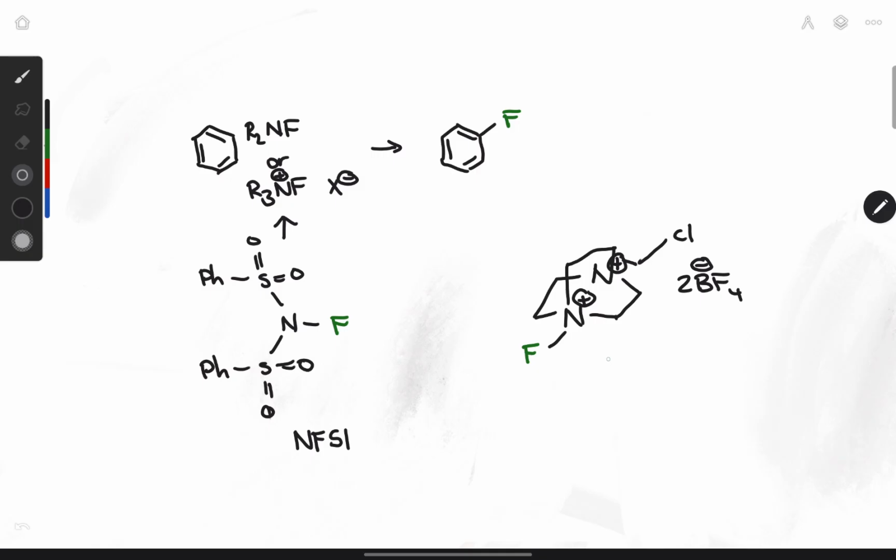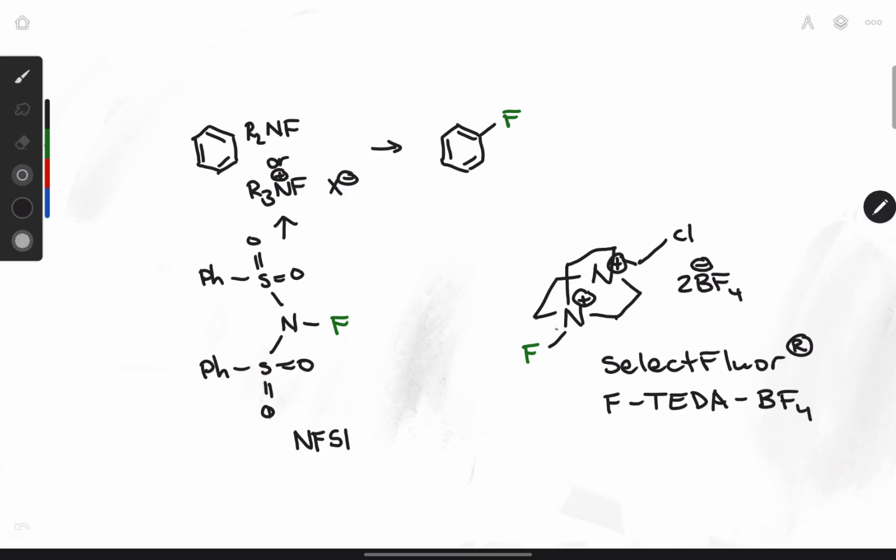This one I've seen called Selectfluor. I've also seen something like this, TEDA, so that's this part here, and then there's a fluorine attached to it, and then they'll also specify the anion for it as well.